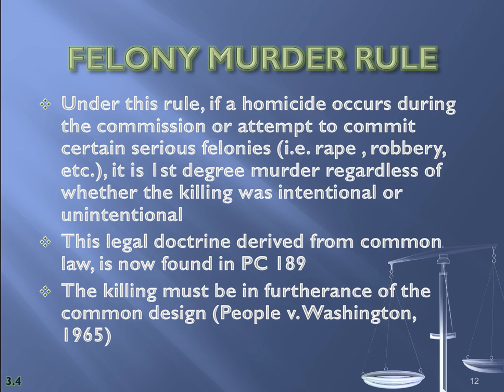Okay, so just to rehash, under the felony murder rule, all persons aiding and abetting the commission of any felony listed in Penal Code 189 for first-degree murder are guilty of first-degree murder when any one of them kills in furtherance of the common design. Okay, that's the more legalese type thing.